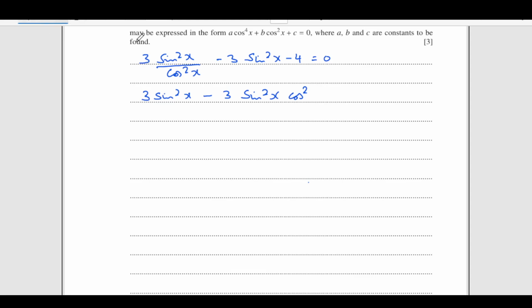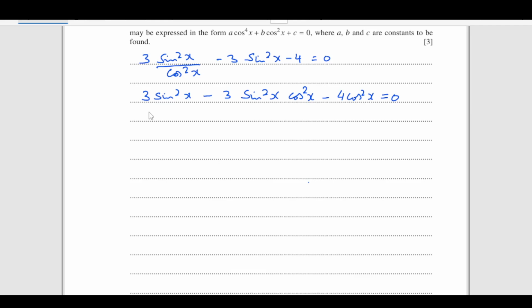Okay, so when we multiply by cos squared x, this is 3 sin squared x, 3 sin squared x cos squared x, minus 4 cos squared x, that is what I missed here, equals 0, right.